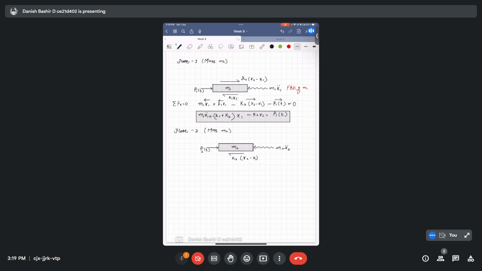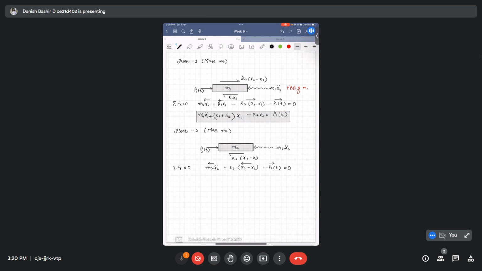So writing the equation of motion for this, we have summation fx is equal to 0, and from that we get m2 x2 double dot, acting in this direction. We have k2 (x2 minus x1) in this direction, minus p2 of t, and since it is in the opposite direction we have the negative sign, is equal to 0.